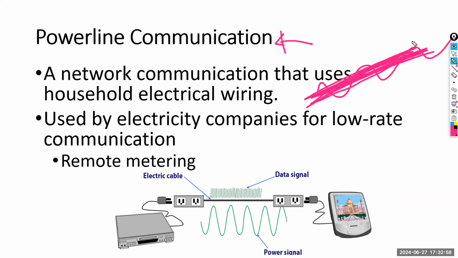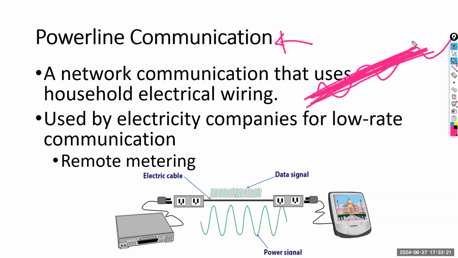But this is not frequently used. This is sort of a research area, and there are some limited usages. But anyway, you must be aware of this term, power line communication, because these power lines are everywhere, right? So if we can use it, that is good. And it's going to be very cheap also, because the infrastructure is already there.